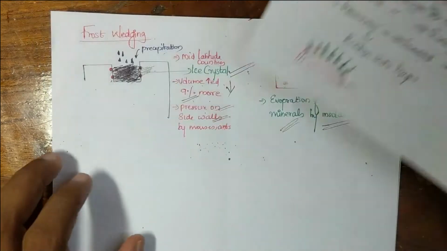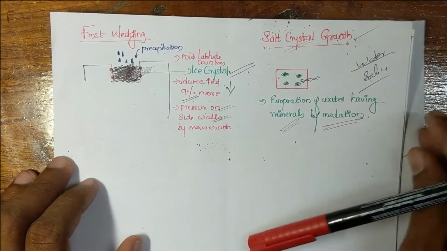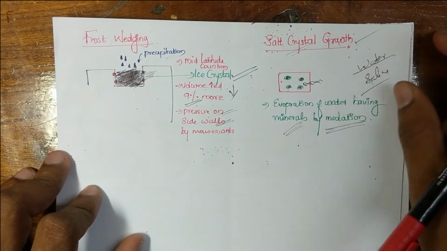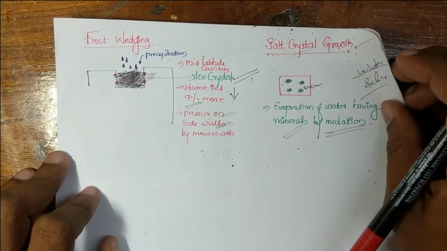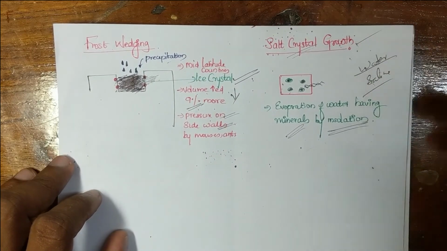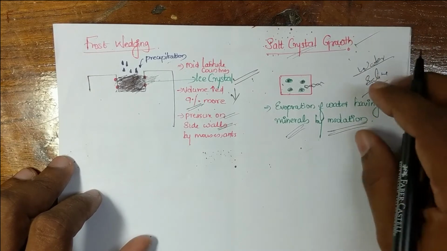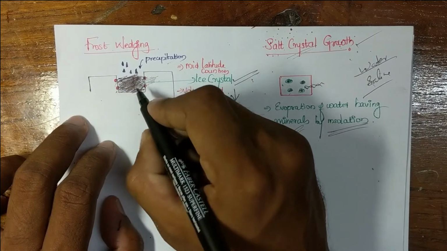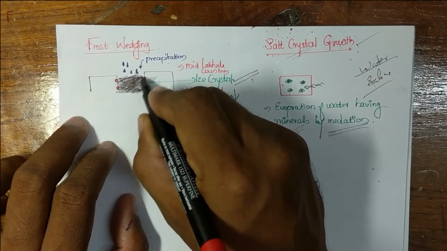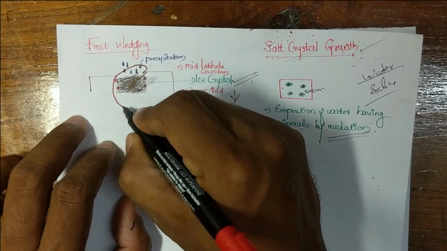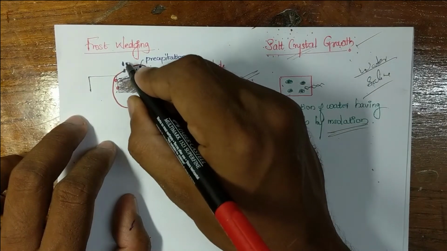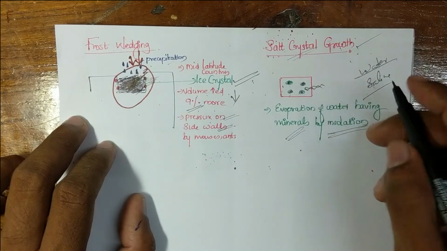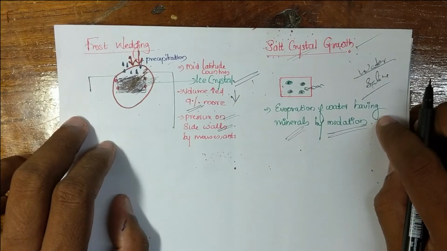Next we are going to the next type, which is frost wedging. In mid-latitude countries, there are a lot of mountainous regions. In the mountainous regions, the mountains have so many cracks. During precipitation, water will enter into these cracks. During the night time, the temperature goes down.